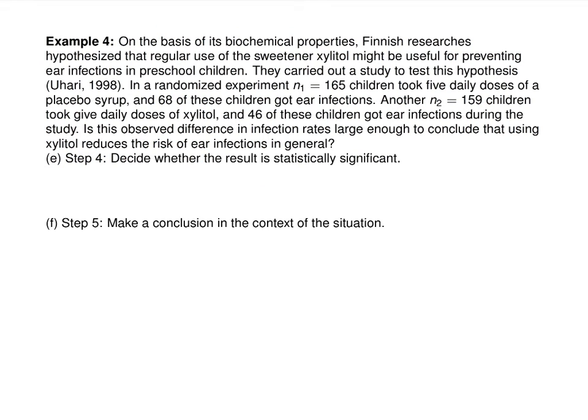Okay, part E, tell me whether this result is statistically significant. So let's take alpha equals 0.05, and we'll say yes, as our p-value of 0.0102 is less than 0.05.